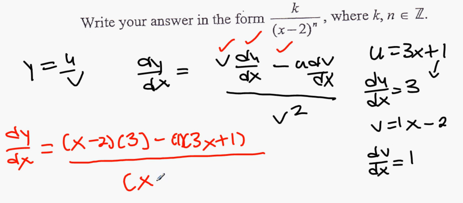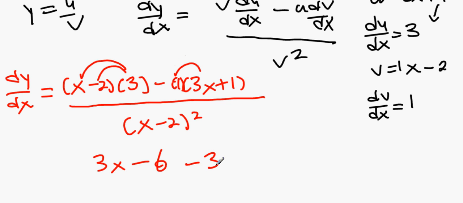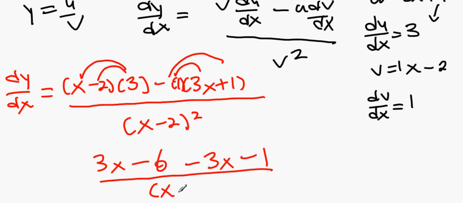Now, looking at the answer, I can see that I'm not meant to square this out because it's meant to stay in its bracket. So that's what that form can do for you, okay? So you can say x times 3, 3x, minus 2 times 3, minus 6, minus 1 times 3x, minus 3x, minus 1 times 1, minus 1, all over x minus 2 squared.